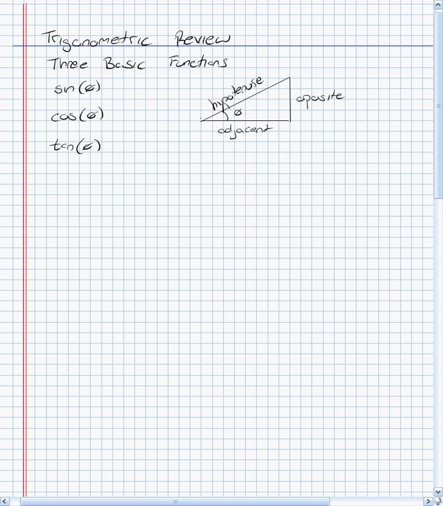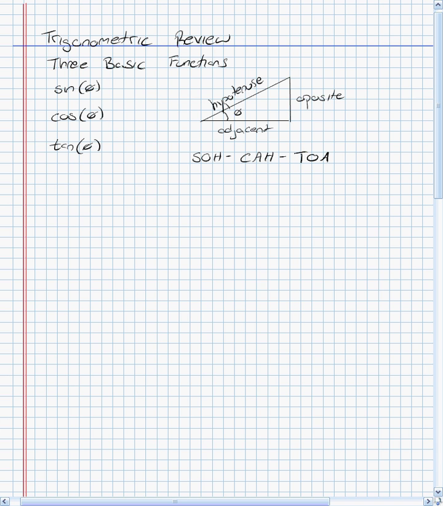Now there's a little phrase that we can use called SOH CAH TOA. It's one of those things that will help you memorize things during a test if these things help you. So we have SOH, CAH, TOA.